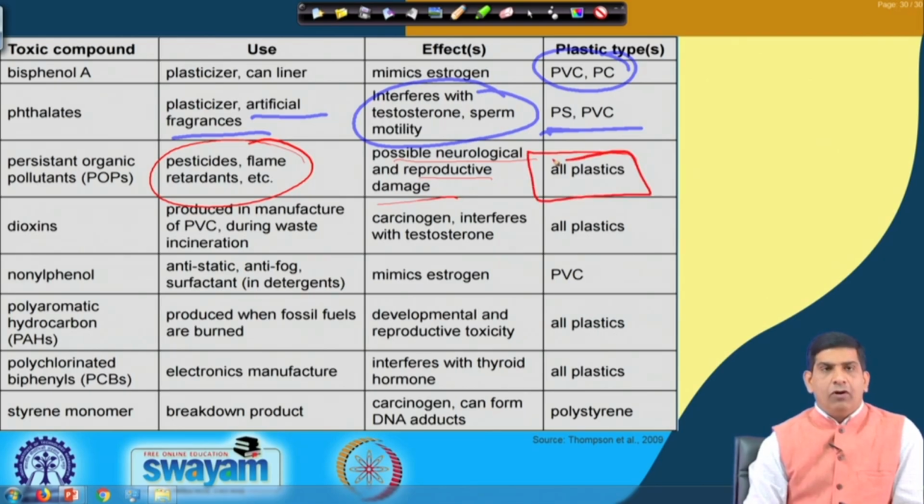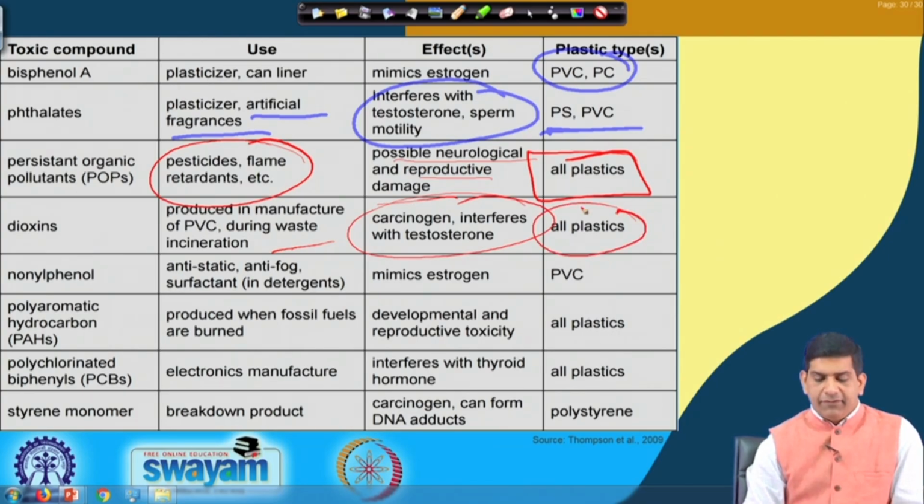So, POPs are there in all plastic. Dioxins are produced in the manufacture of PVC and during waste incineration. They are carcinogenic, interfere with testosterone, and are found in all plastics. Then nonyl phenol, an antistatic, anti-fog surfactant used in detergents, mimics estrogen and is also used in PVC pipes.